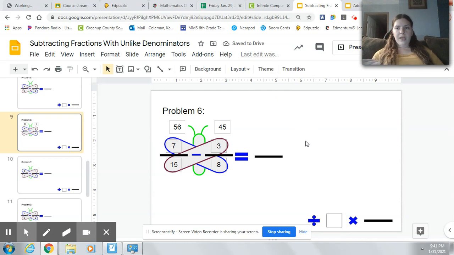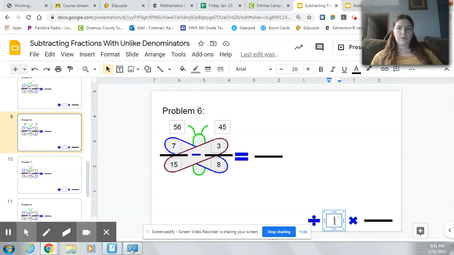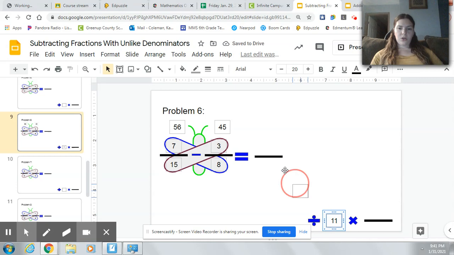So when we subtract, we have to subtract 56 minus 45. Again, if you need to work this out on scratch paper, work it out on scratch paper at home. 56 minus 45 is going to be 11. So 11 is going to be the numerator.